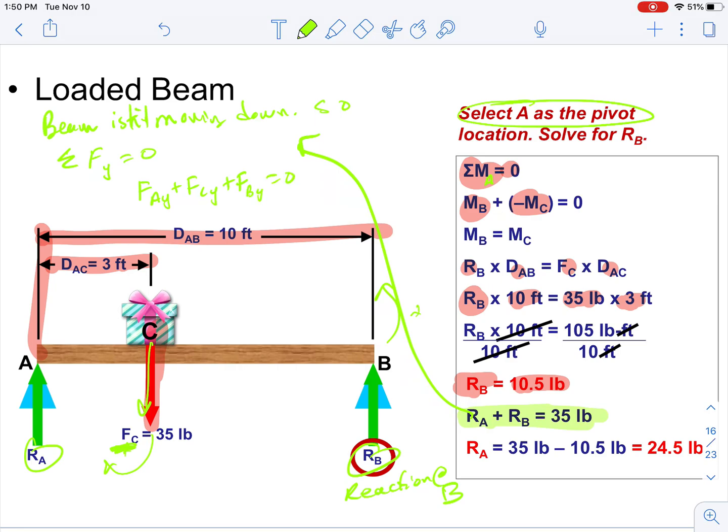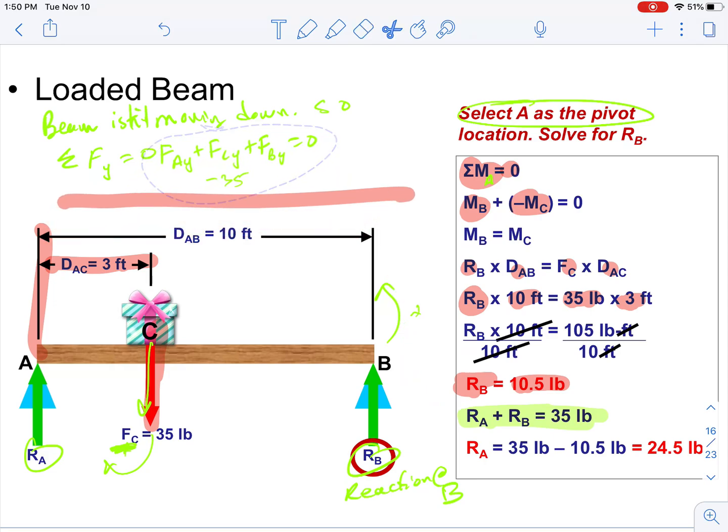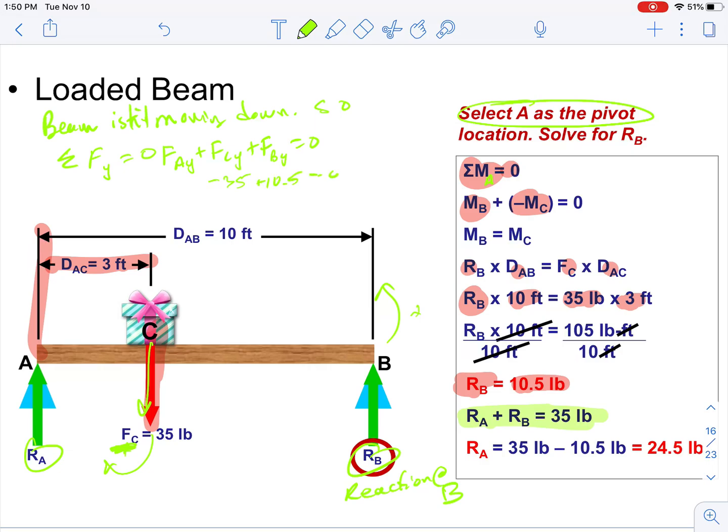We know that this force is negative 35. Right? That's the applied force here. Okay. We know that that force is negative 35. All right. We know that FBY, which we just found, RB is upward and is plus 10.5. And all these have to equal 0. So FAY, or what we could call it is just RA, is what they call it, which is fine.